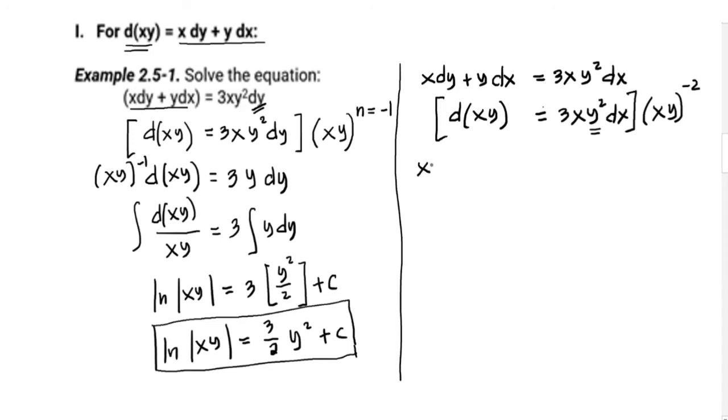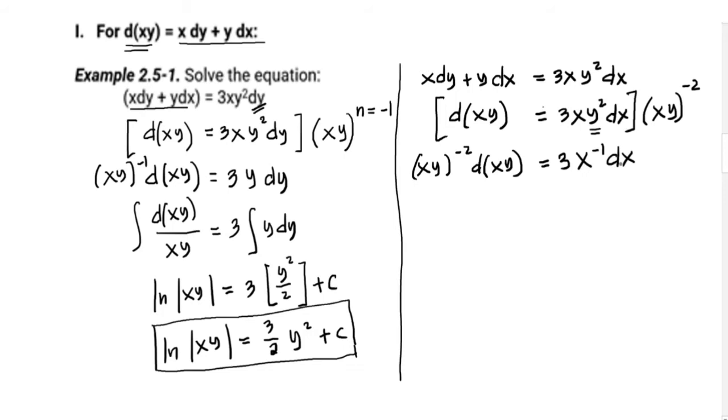This is now xy raised to negative 2, then the differential of xy. That is equal to 3, then x times x raised to negative 2, that is x raised to negative 1. Y squared is cancelled, then we have here dx.